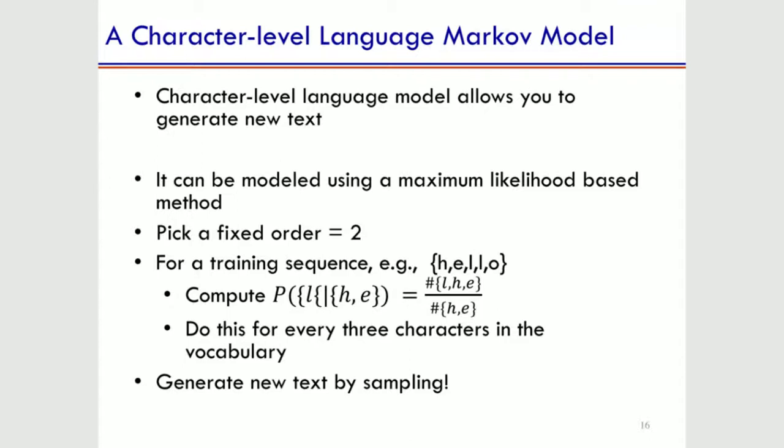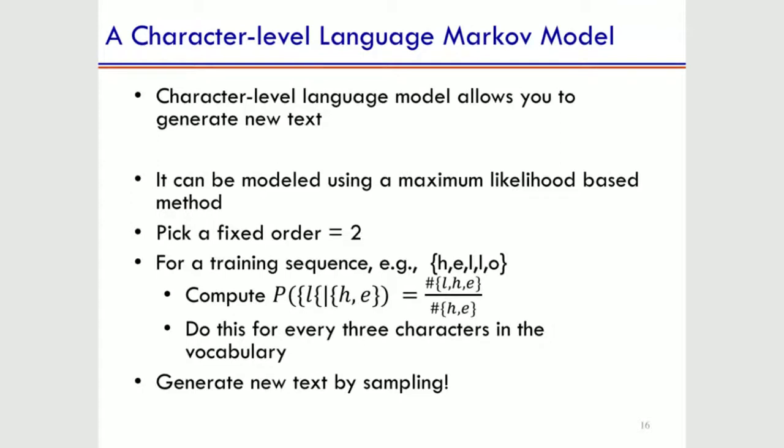For each pair of characters, you compute 26 probabilities. Depending on whether you care about the order, it's 26 times 25 pairs, and those many numbers are the model parameters here.